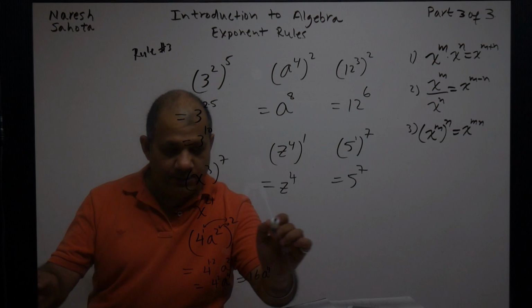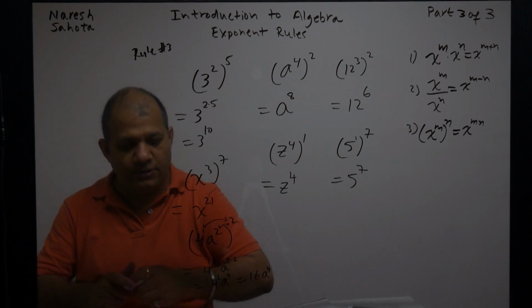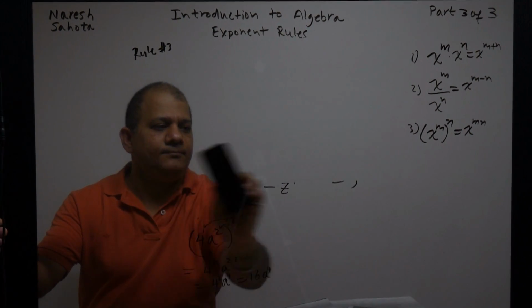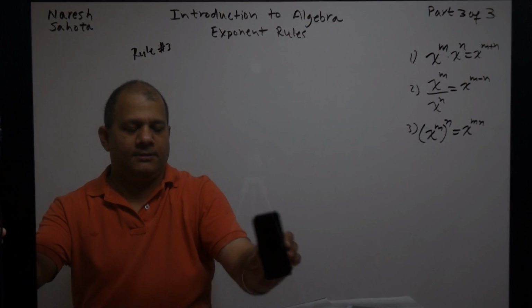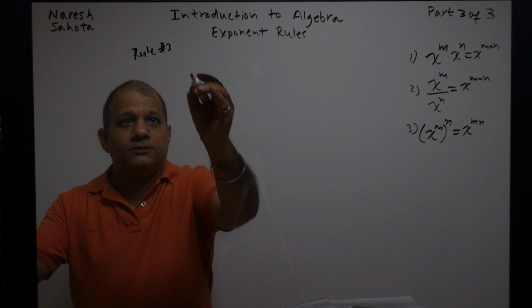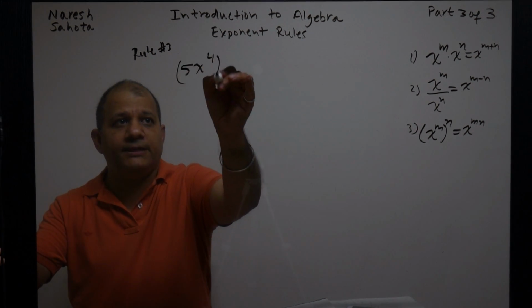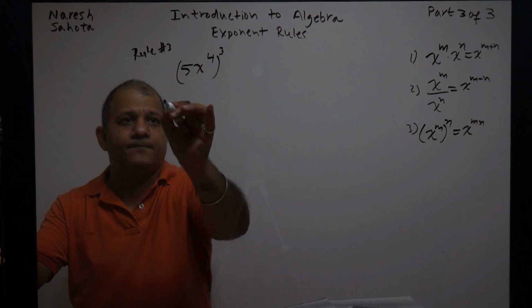Alright, so now I'm going to start from the top so we have more room. We have 5x to the 4 raised to the exponent 3.